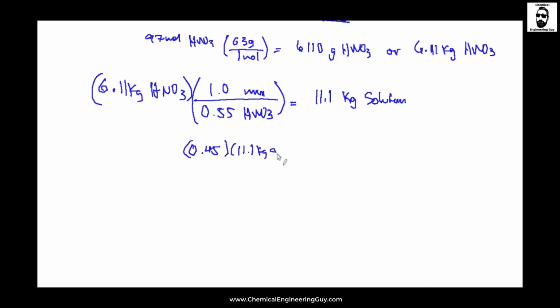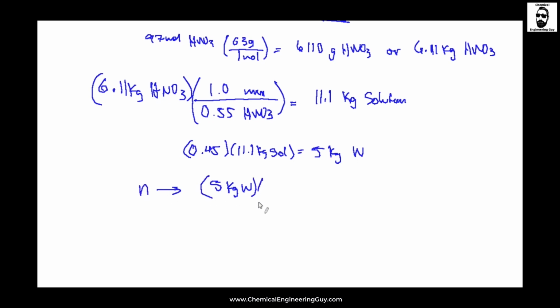We are doing the mass balance on water, so let me check that. It'll give you the amount of water. So times 0.45 gives me around 5 kilograms of water. Okay, let's turn that to moles. 5 kilograms of water, change it to moles.